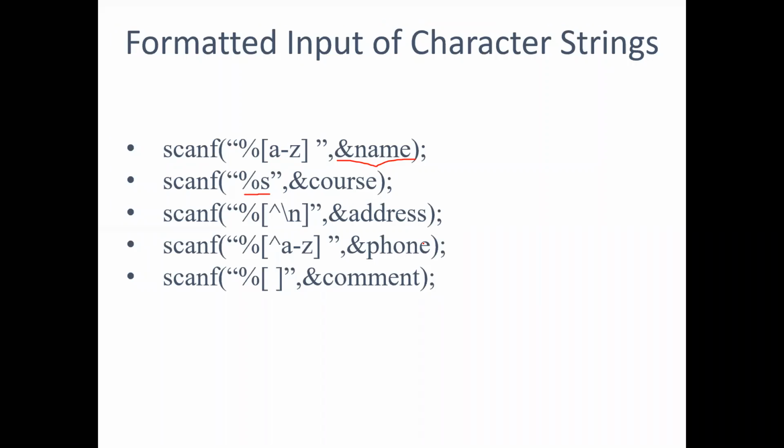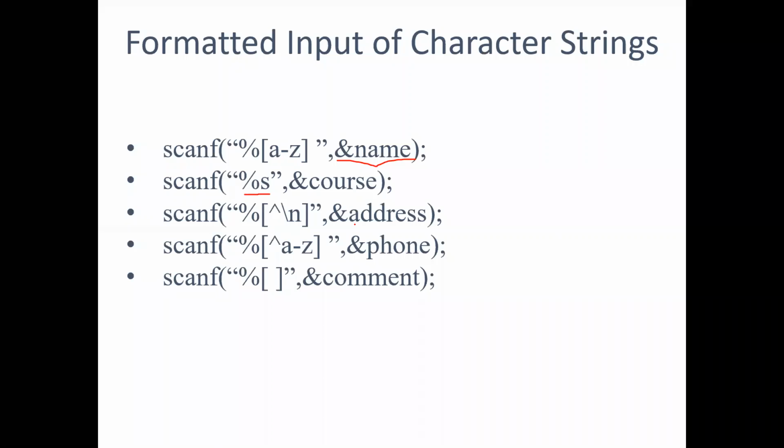Suppose you want to give an address in a paragraph type, accepting everything except the new line, so the address has to be entered in a single line. Understood? An address may have special characters also.